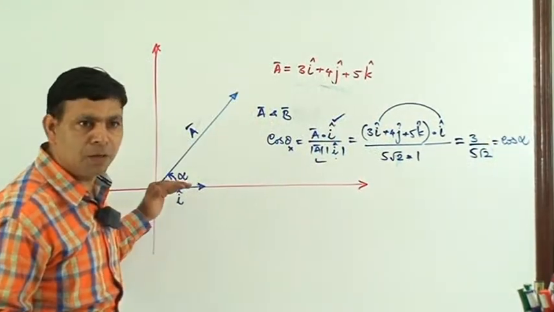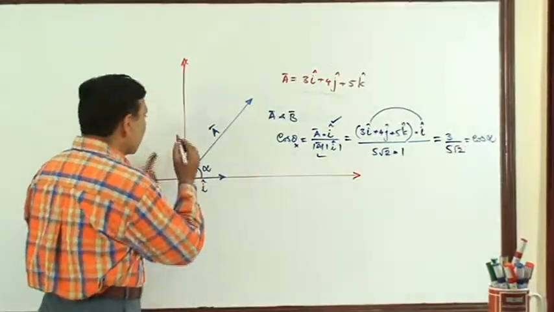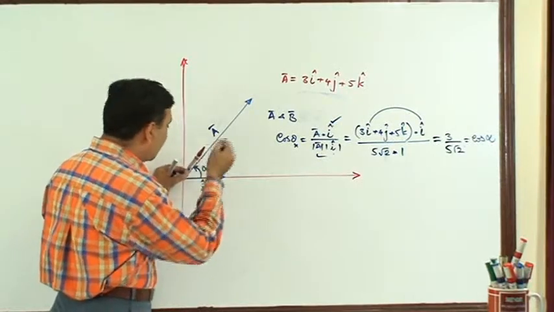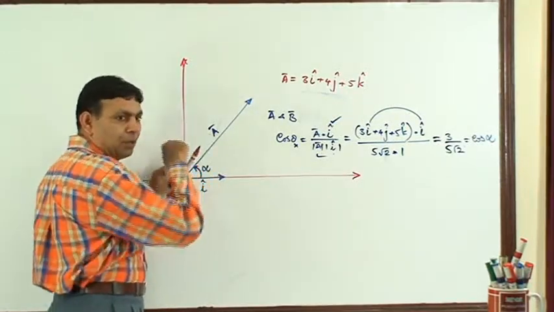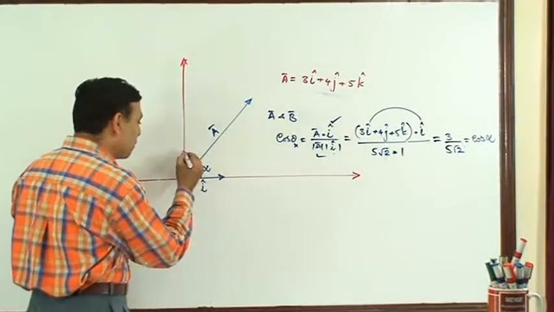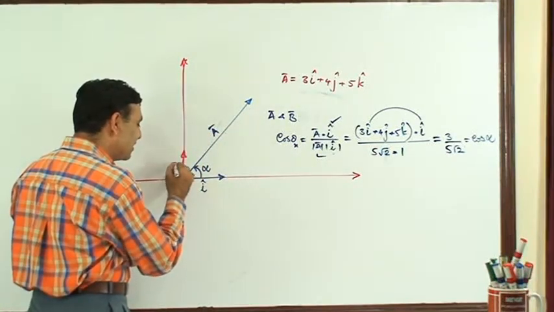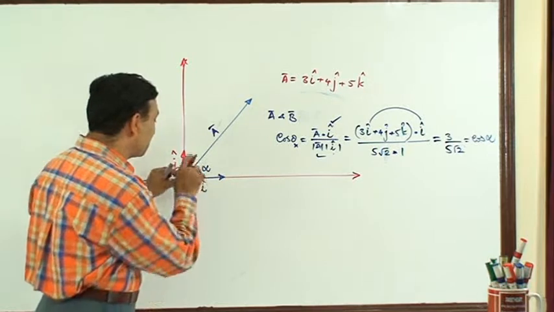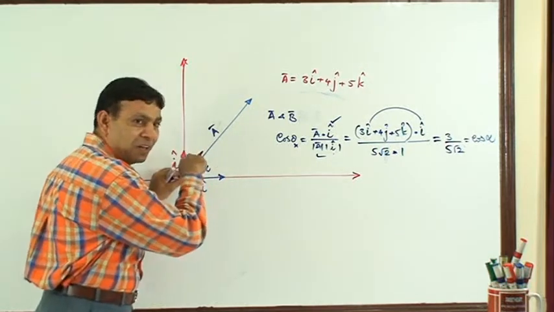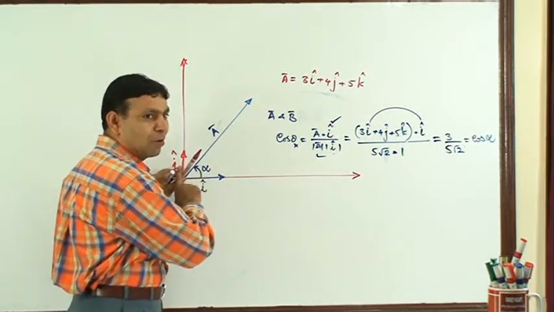Is it clear, everybody? Now let us see what angle this vector A makes with the positive y-axis, this angle beta. Do you know any vector in the positive y direction? Obviously j. You need to compute now the angle between vector A and j. That will be the angle vector A makes with the positive y-axis.